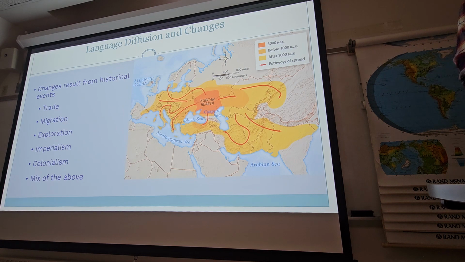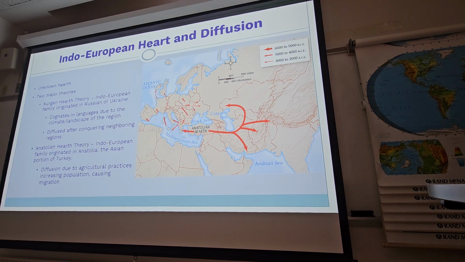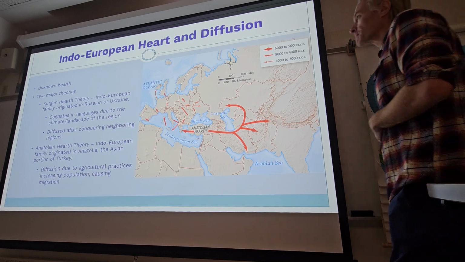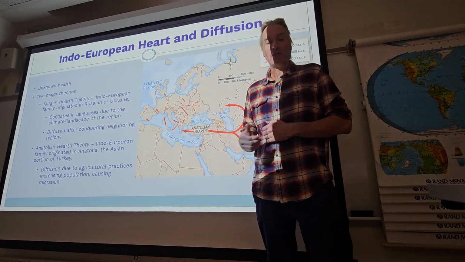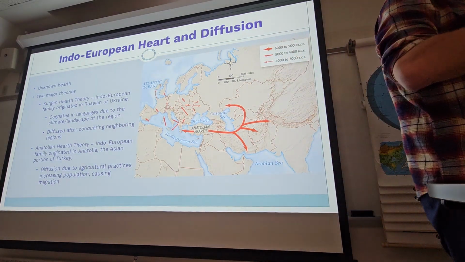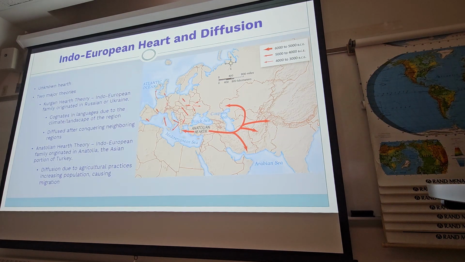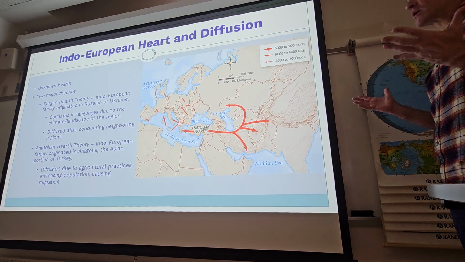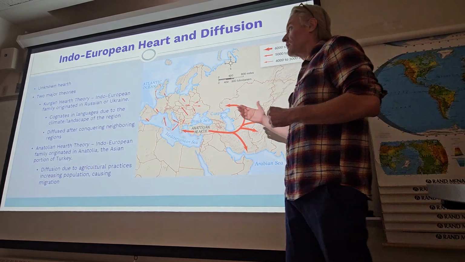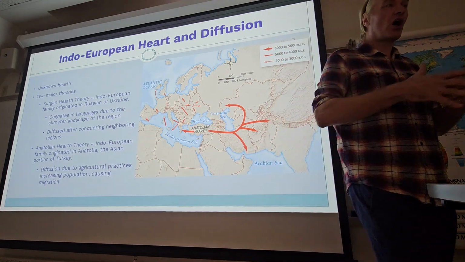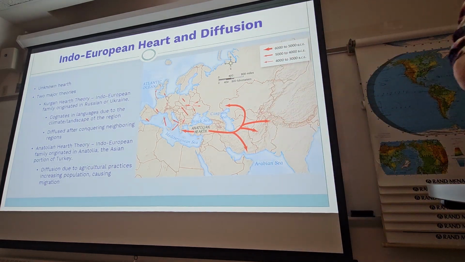The Kurgan hypothesis suggests that this whole language family started out, as you can see, in the Russian-Ukraine area, although it changed as it went everywhere else. That theory is basically about conquering and taking over different areas.